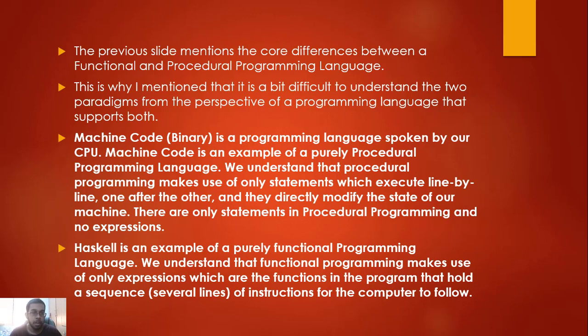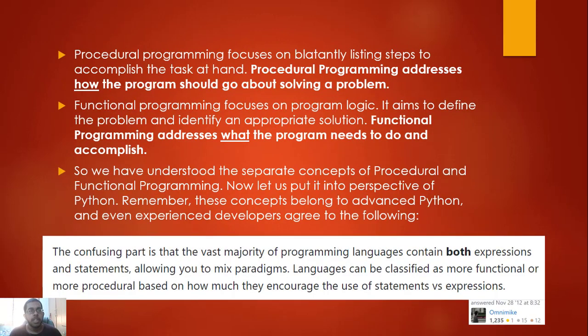Haskell is an example of a purely functional programming language. We understand that functional programming makes use of only expressions, which are the functions in the program that hold a sequence, several lines of instructions for the computer to follow. Procedural programming focuses on blatantly listing steps to accomplish the task at hand.